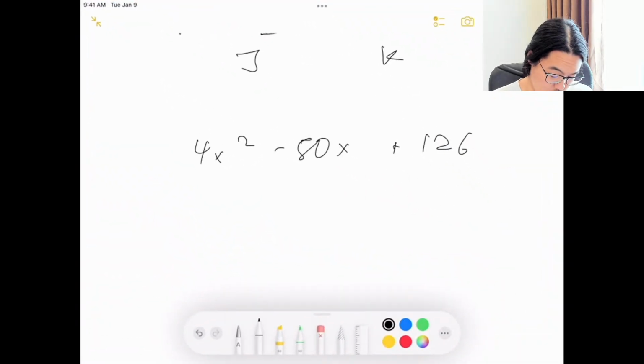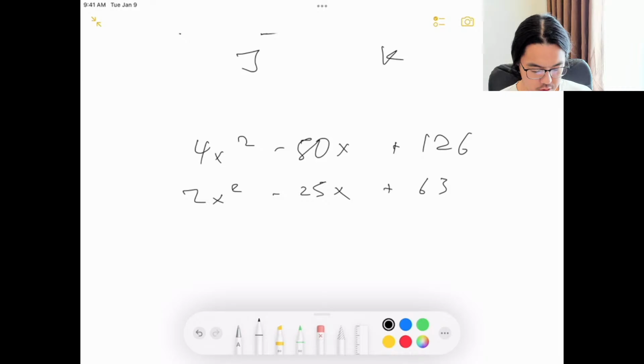I'm going to try, let me just divide everything by 2. 2x squared minus 25x plus 63. Okay.